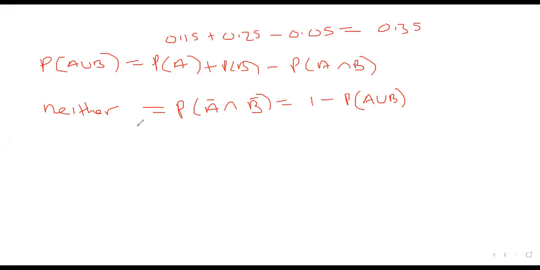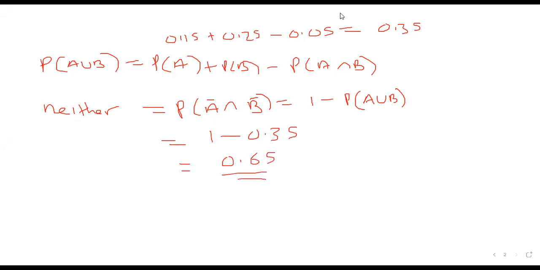To find the probability that we have neither supervisors nor college graduates, we subtract from 1. So if the 5% are both supervisors and college graduates, then the remainder, which is 65%, is neither of the two.